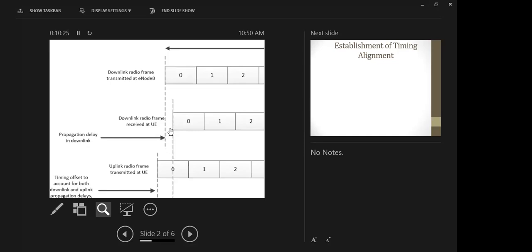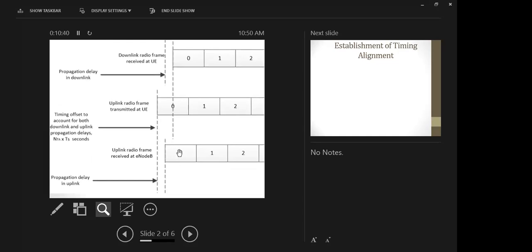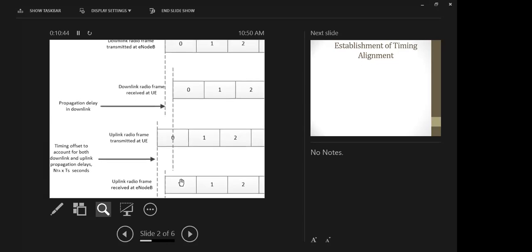So you have shifted a little bit, but you are still using the same timing offset. When you use the same timing offset, the reception will also take place a little later.